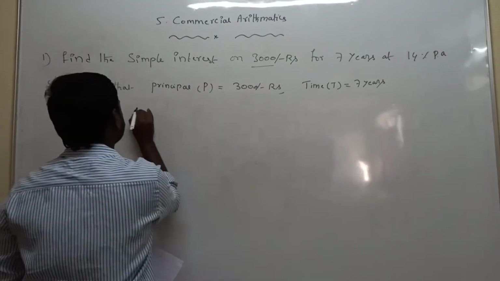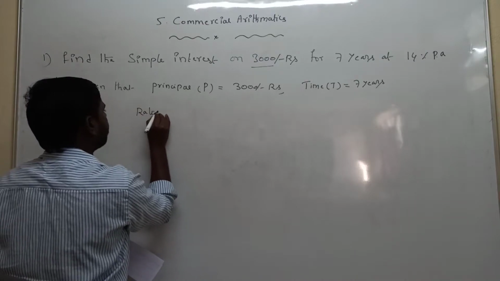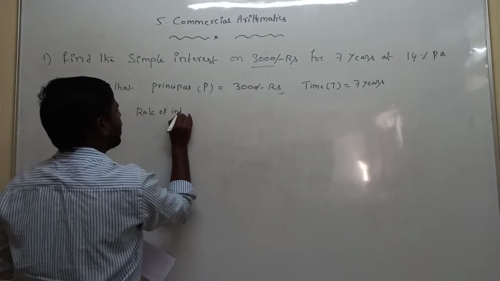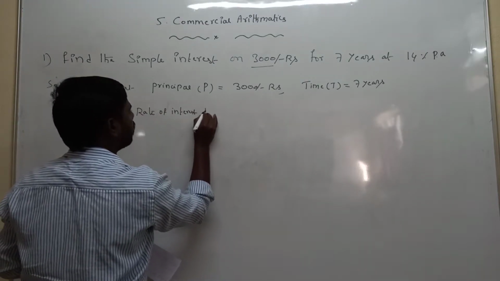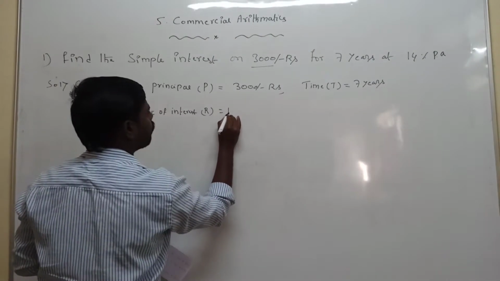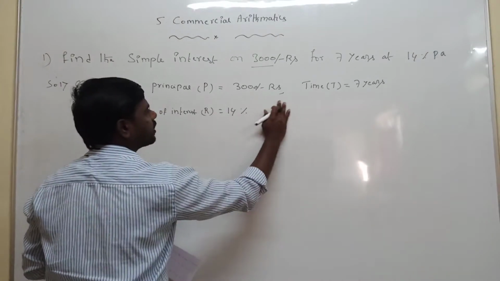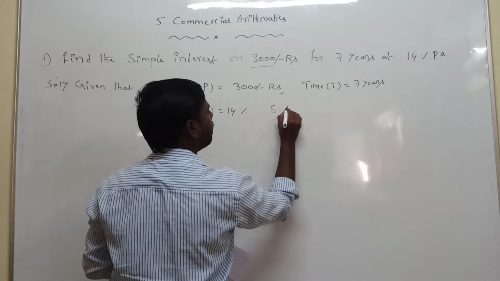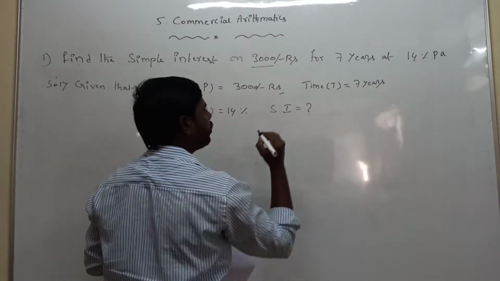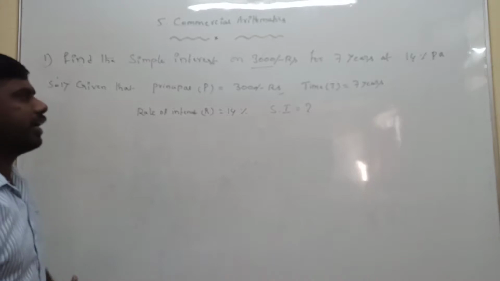Rate of interest, denoted by capital R or small r, is 14%. We need to find the value of simple interest.